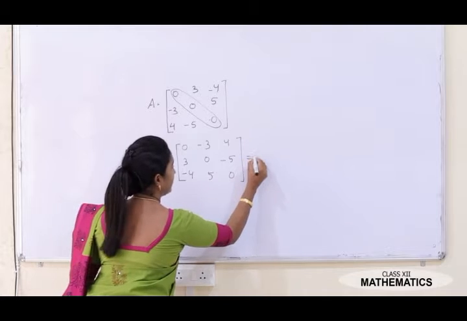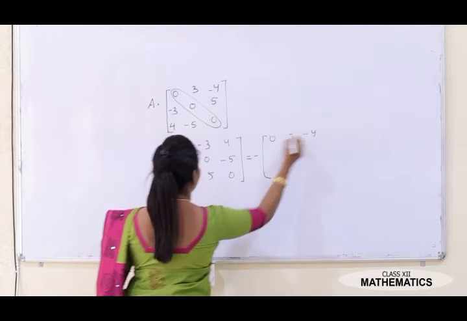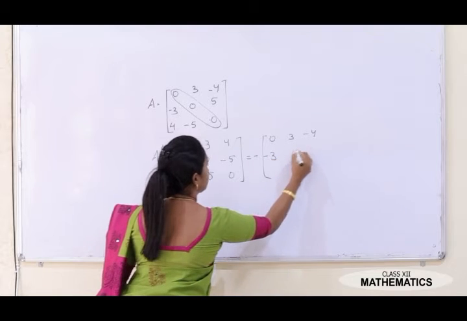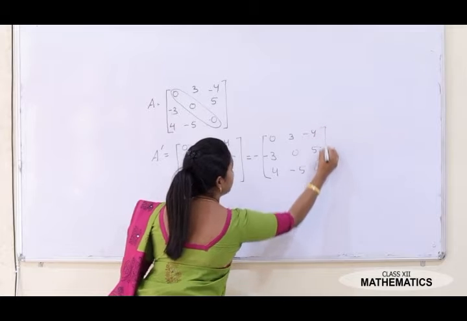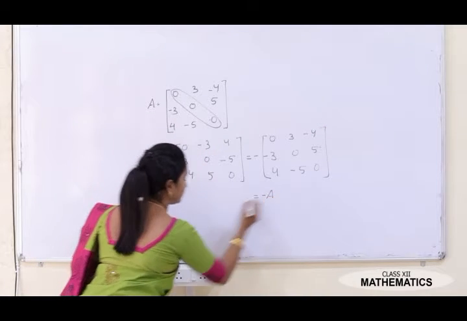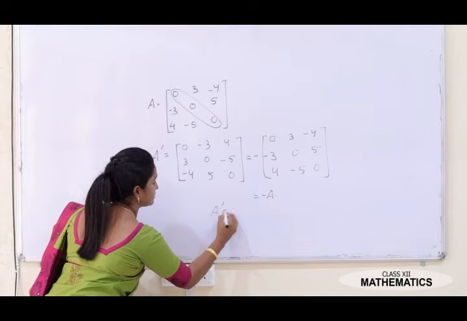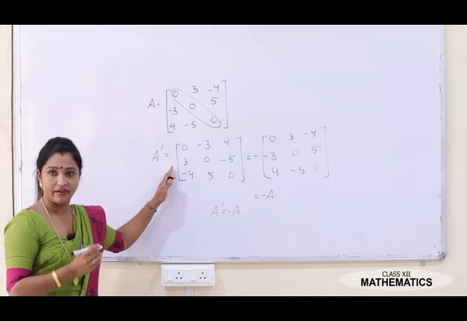When you take a minus sign, what you are getting is 0, 3, minus 4, minus 3, 0, plus 5, and 4, minus 5, 0. This is the same matrix as A. See? So you are getting minus A. That means you are getting A dash is equal to minus A. That's why we are calling this matrix a skew symmetric matrix.